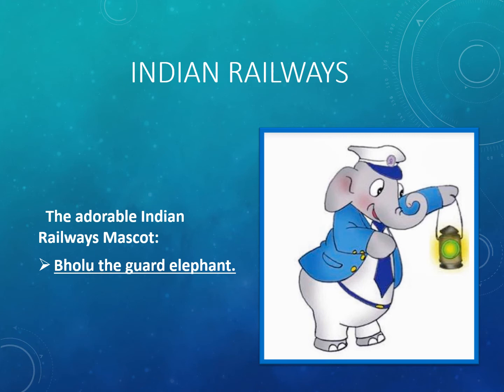Bholu was designed by the National Institute of Design in 2002 in honor of the 150th anniversary of the Indian Railways. Bholu is seen holding a signal lamp with a green light in it, which symbolizes movement, assurance to trains and passengers to go ahead without fear.